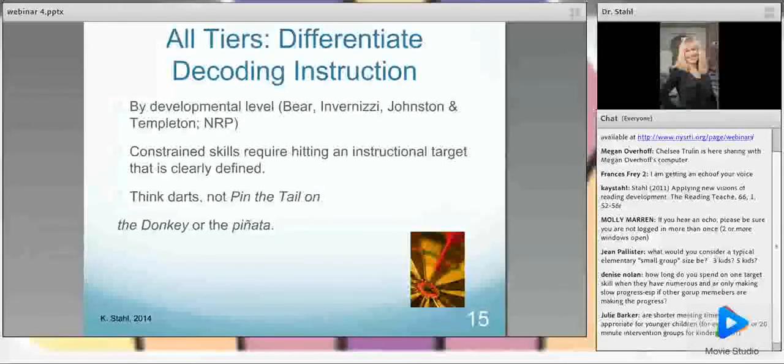Phonics instruction is simply hitting a bullseye, and in order to hit the bullseye, you need to be targeting instruction to where the child is.